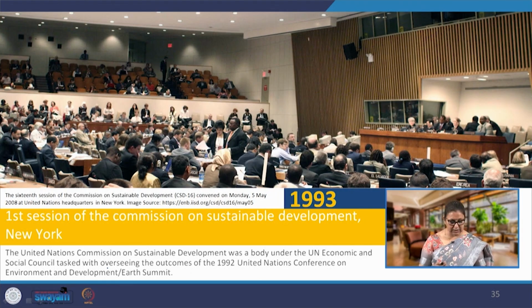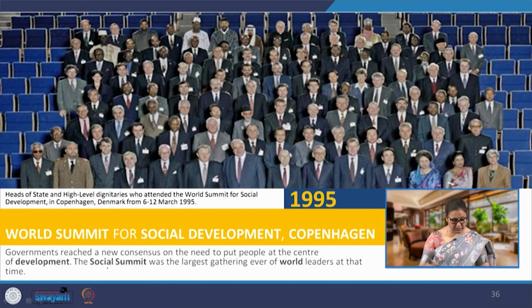In 1993 there was a meeting of the Commission on Sustainable Development at United Nations headquarters, which was tasked with overseeing the outcomes of the 1992 Rio Summit, the first Earth Summit. This was an after effect of the Earth Summit, and it continued to monitor how sustainable development is being taken forward.